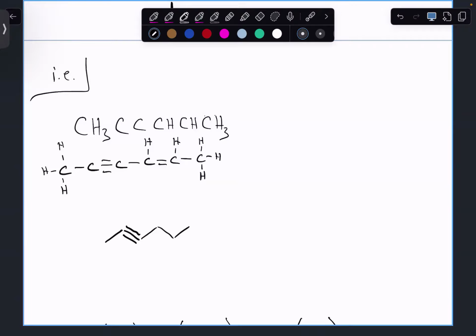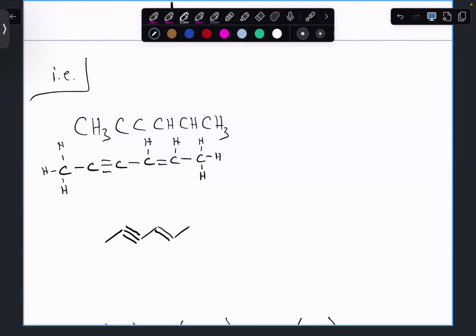All right. So there's my triple bond. Then we have a double bond at position 4. So I need to put that in as well. 1, 2, 3. There we go. So that is more or less correct.